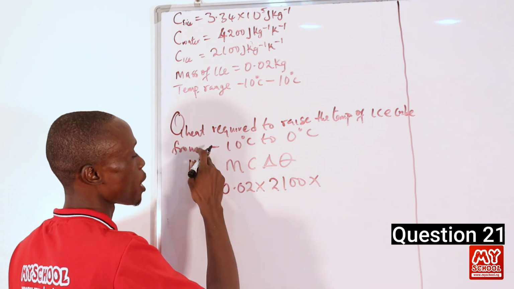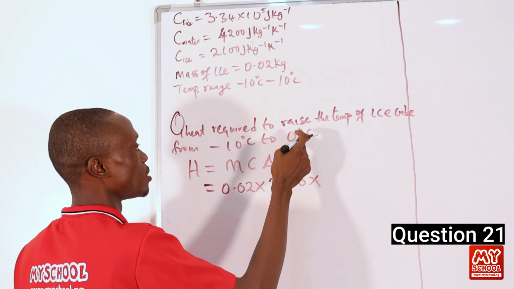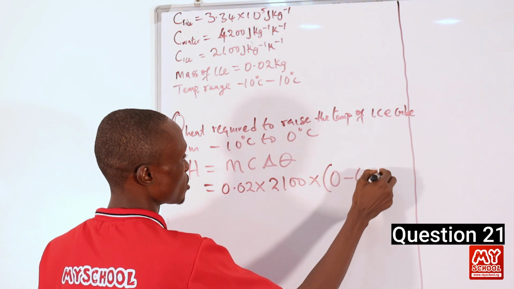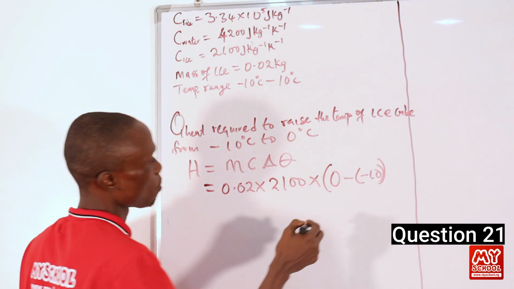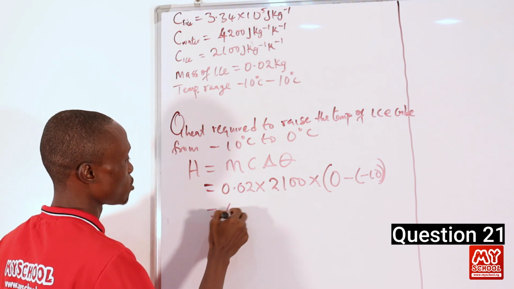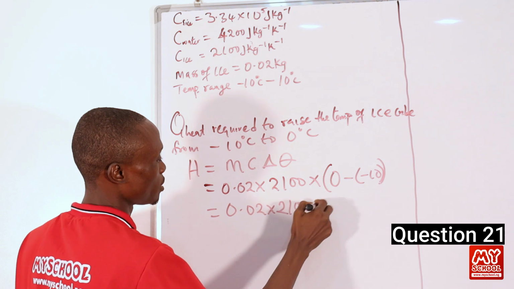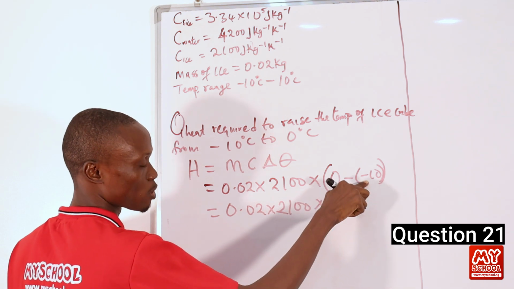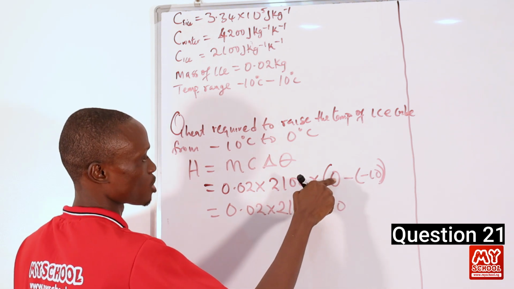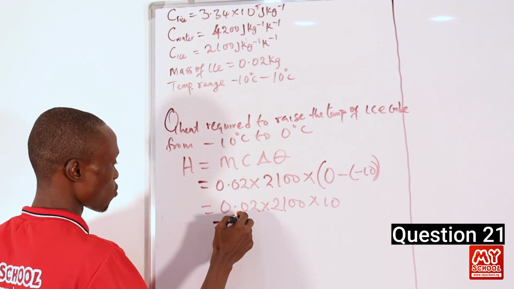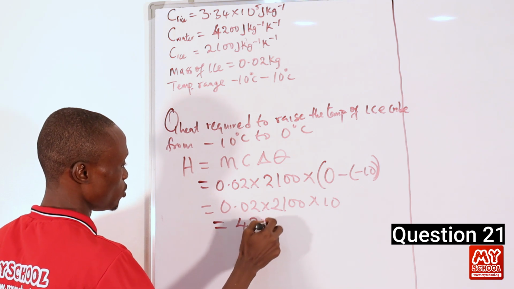We are moving from minus 10 degrees Celsius to 0 degrees Celsius, so we have 0 minus minus 10. This becomes 0.02 times 2,100 times 10, because minus times minus is plus. So this will be equal to 420 joules.